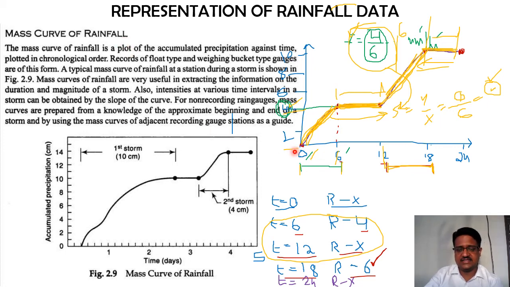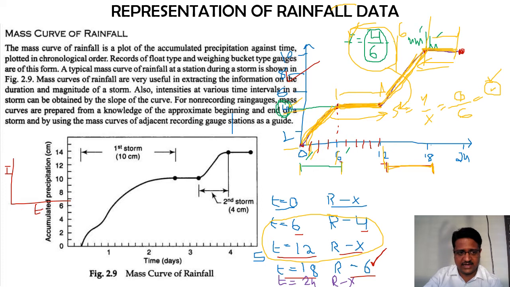So here, with the help of these graphs, you can check out the intensity for each hour. Once you get the intensity of rainfall for each hour with the calculation I have just shown, then you can draw the hyetograph that we have seen in the previous slide. In that hyetograph, the y-axis will be the intensity of rainfall and the x-axis will be the time.